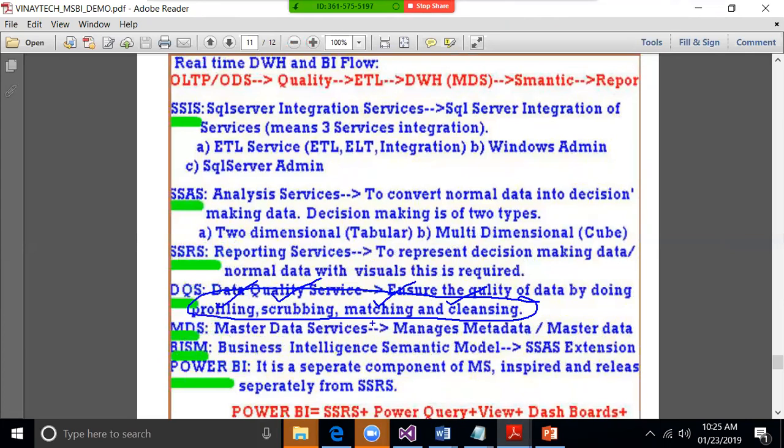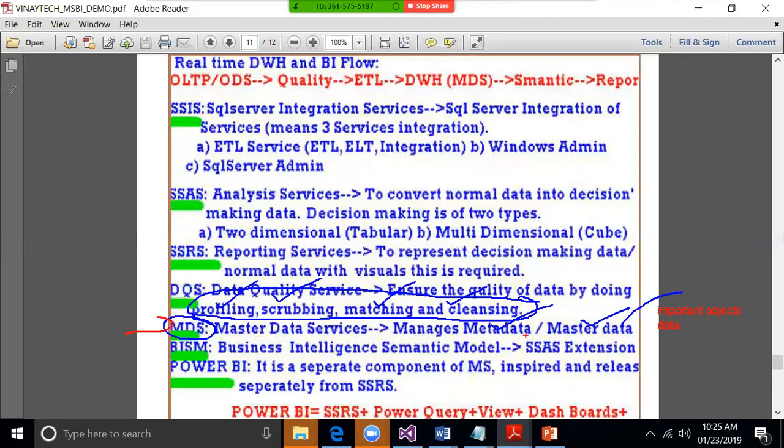So what are the differences? I will tell you, don't worry. Now what is the next one? MDS, Master Data Services. It manages metadata or master data. We call it important data, important objects data. I will show you how we work with MDS also.